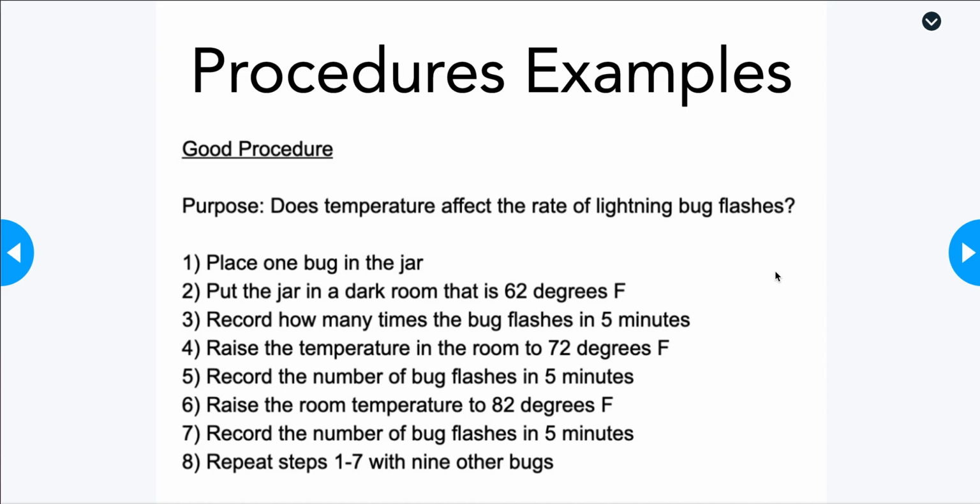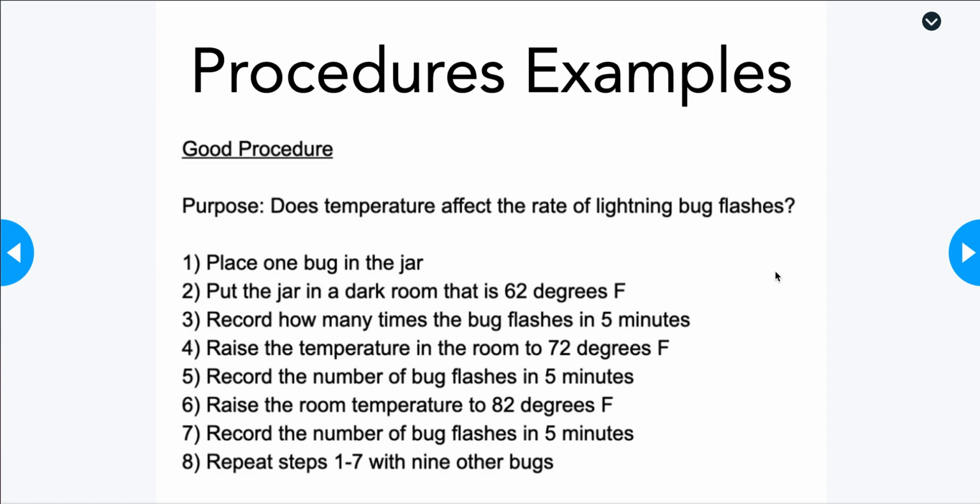Step 1, place 1 bug in the jar. 2, put the jar in a dark room that is 62 degrees Fahrenheit. 3, record how many times the bug flashes in 5 minutes. 4, raise the temperature in the room to 72 degrees Fahrenheit. 5, record the number of bug flashes in 5 minutes. 6, raise the room temperature to 82 degrees Fahrenheit. 7, record the number of bug flashes in 5 minutes. 8, repeat steps 1 through 7 with 9 other bugs.